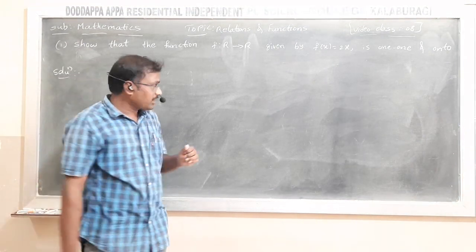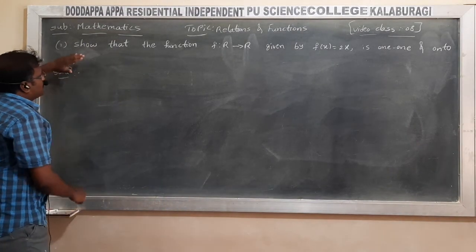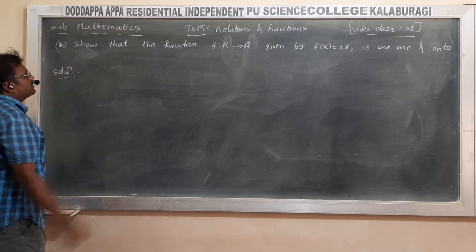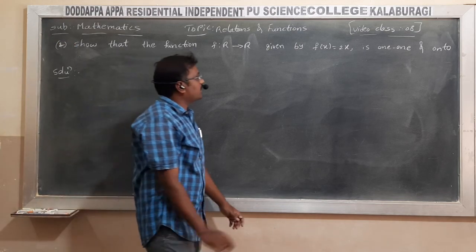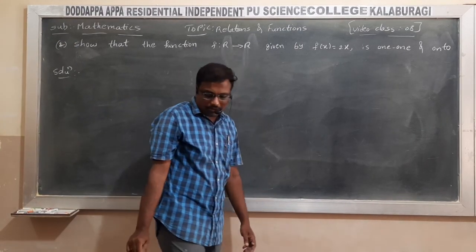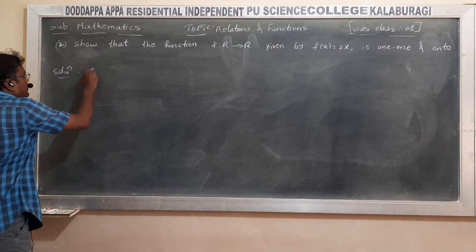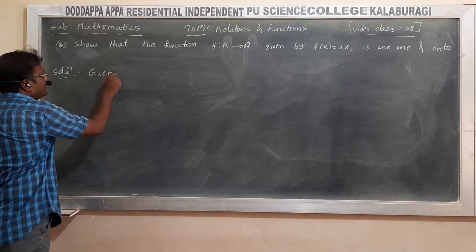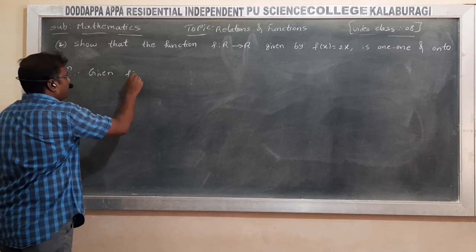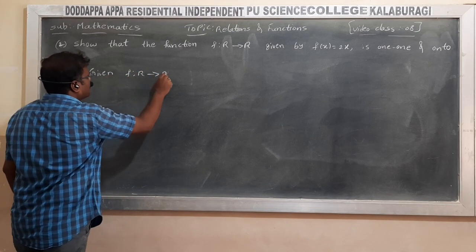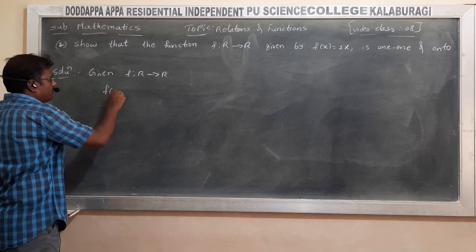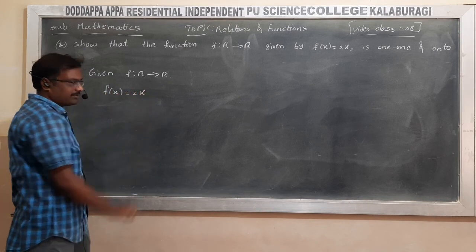Okay, so we go for another problem. Show that the function f from R to R given by f of x equal to 2x is one-one and onto. So first of all, you take the given condition: f from R to R, then f of x is equal to what? 2x is given.